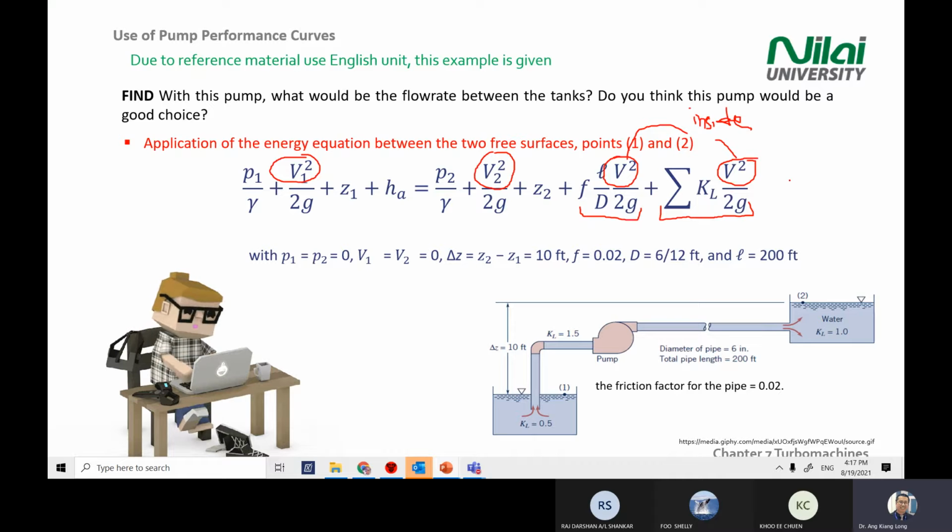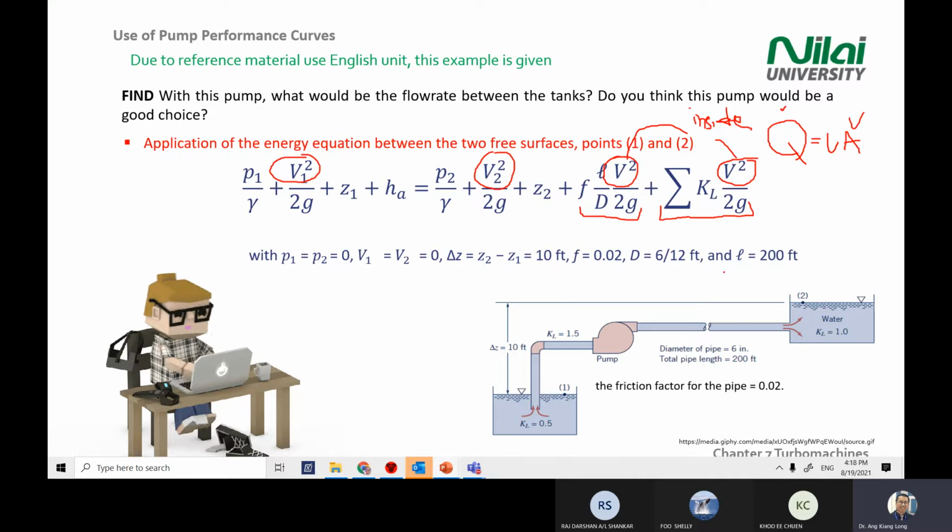So straight away, you know that you want to calculate the velocity inside the pipe. For this chapter, since chapter 1, we already introduced you to Q. Q is a very famous parameter for this module, or fluid mechanics. Q equals VA. Q is given. Normally Q will be given.